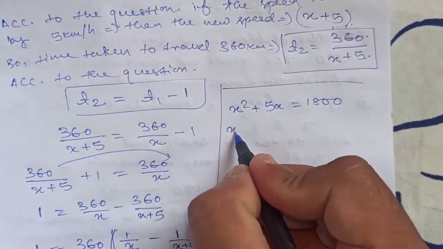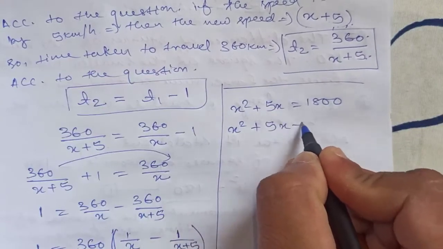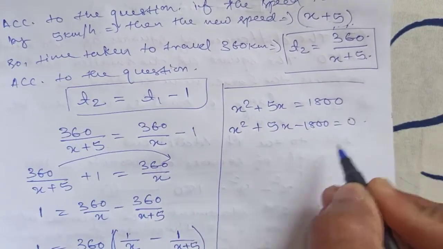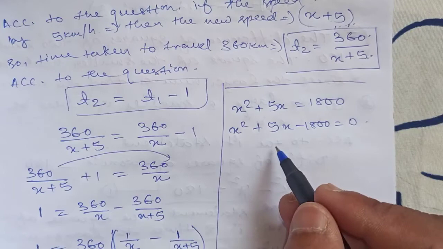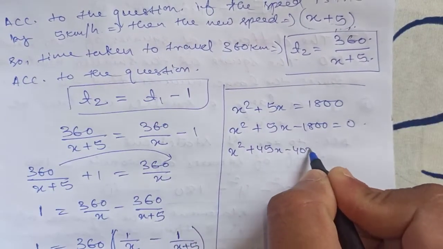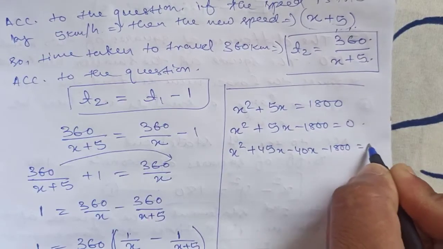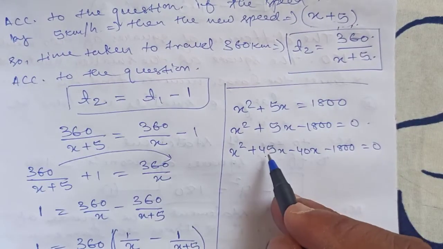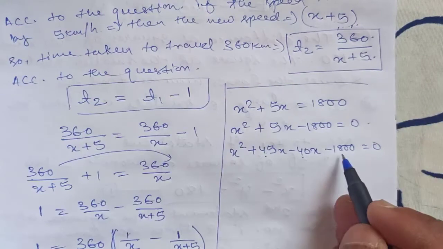Okay, bring 1800 this side. x square plus 5x minus 1800 equals 0. Now split the middle term. We will get x square plus 45x minus 40x minus 1800 equals 0. 45 minus 40 is 5 and 45 into 40 is 1800.